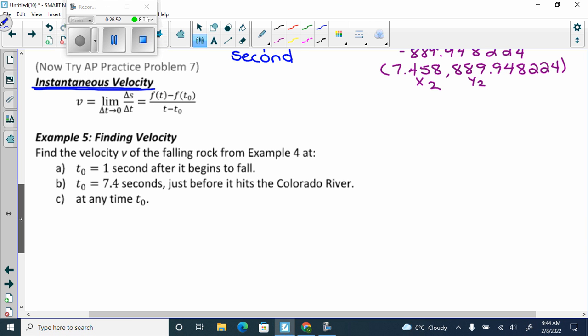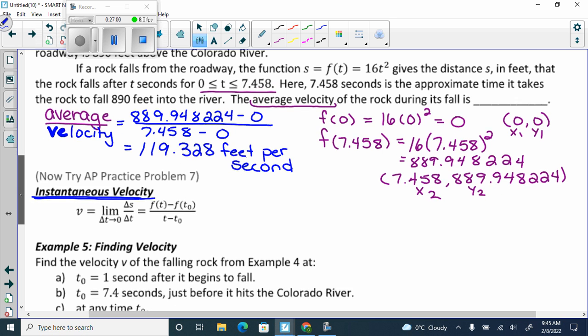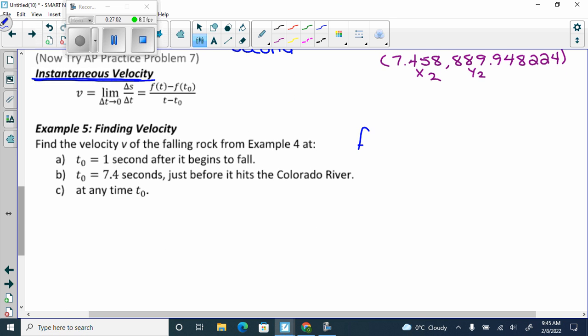All right, so we are using the formula f of t equals 16t squared. I want to find f prime of what, technically? 1 is what I'm ultimately finding, correct?